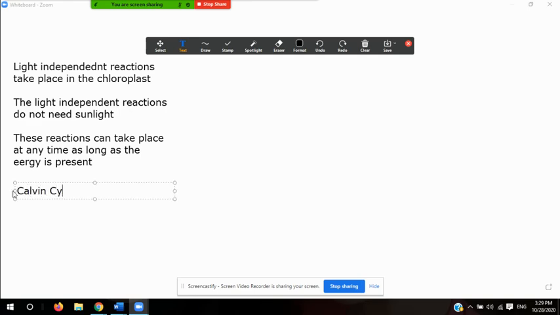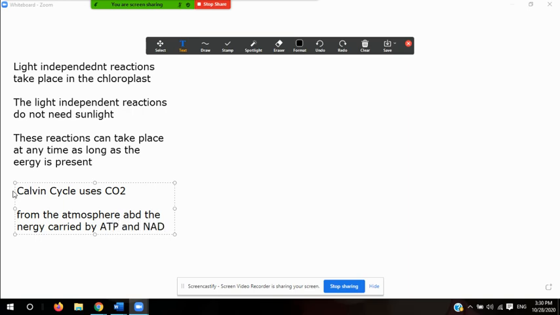The Calvin cycle uses carbon dioxide, CO2, from the atmosphere, and the energy carried by ATP and NADPH.